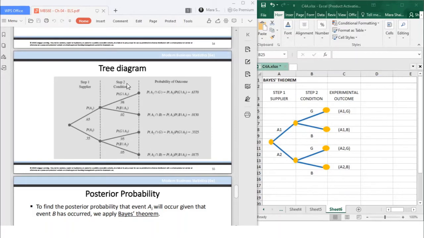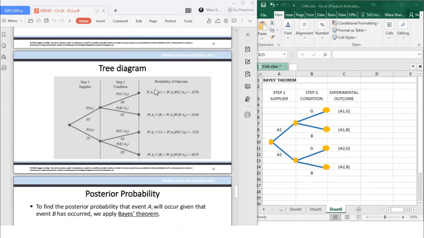For your second step, which is the conditional, you have 98 and 2, 95 and 5. Now, the probability of your outcome, A1 and G, you have here the intersection of A1 and G. Meaning, what is the probability of the shared points of a good part that comes from supplier 1?